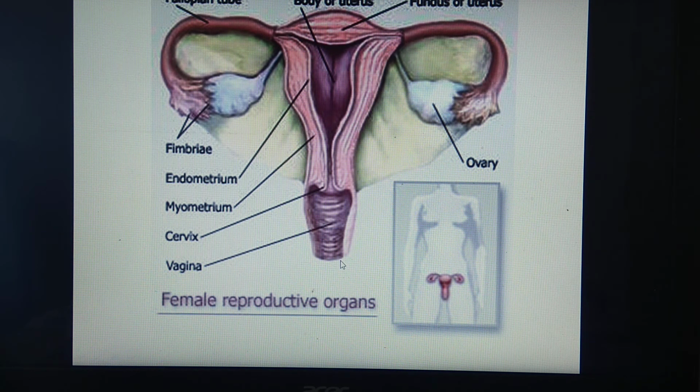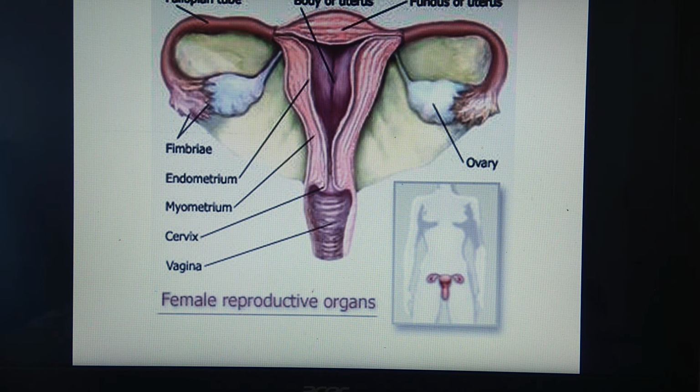Where is it situated? It lies between the cervix and the vestibule. This is the cervix, and here this is the vagina, and in this region the opening is present, which is called the vestibule. It is the exterior opening. So the vagina lies between the cervix and the vestibule.